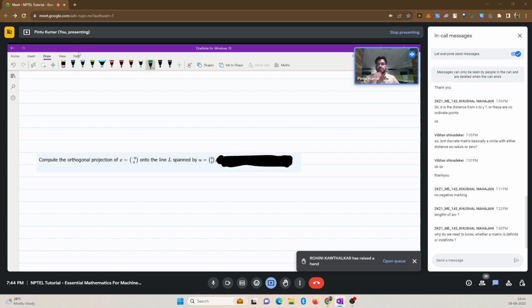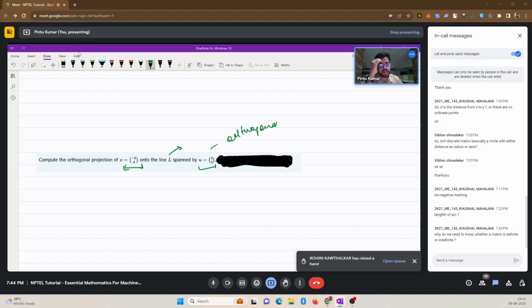So the question is, let's say you have some vector X, and you have to find its projection into a subspace L that is spanned by some orthogonal vectors. Okay, so here you have only one vector.